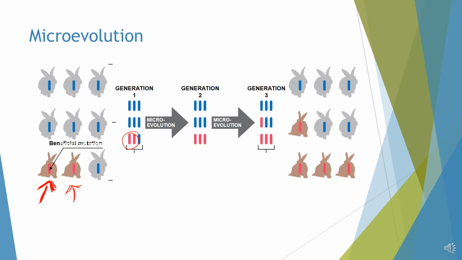So generation 2, you end up with 3. Generation 3, you end up with 4. And so you can see that throughout several generations, we've increased the number of these organisms, this gene that's more favored in the population, but it's a slow and gradual increase, and that's microevolution.